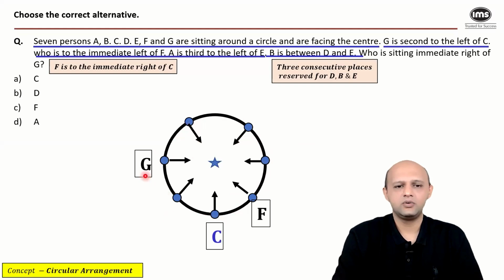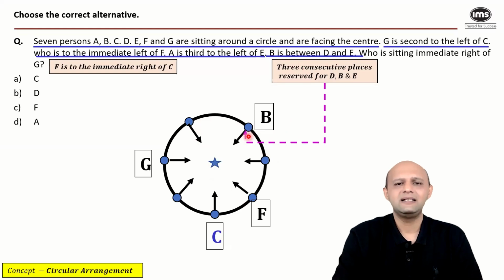This 1, 2, 3 is reserved for G and C. So you will not find any other such place where three places are unreserved. You should have three places vacant where you can place D, B, and E. Specifically, if B is between D and E, out of these three, where will you place B? Logically, this should be the place for B.